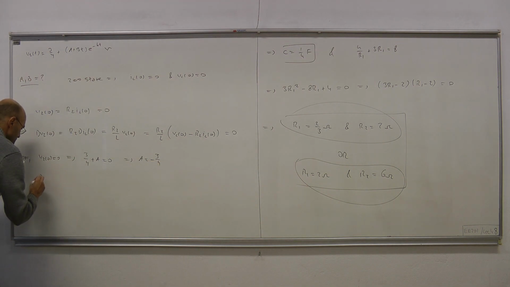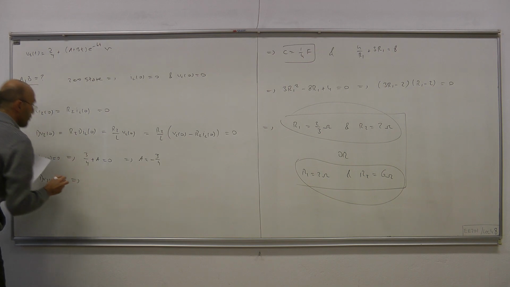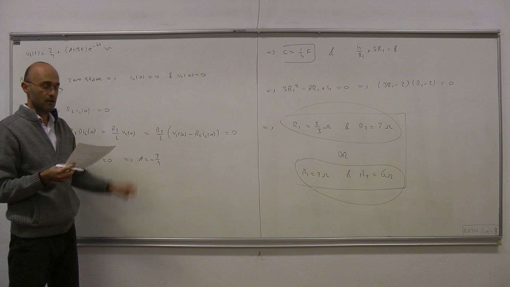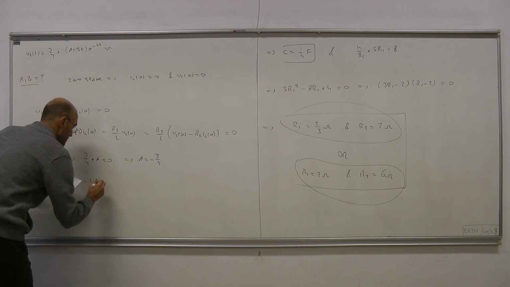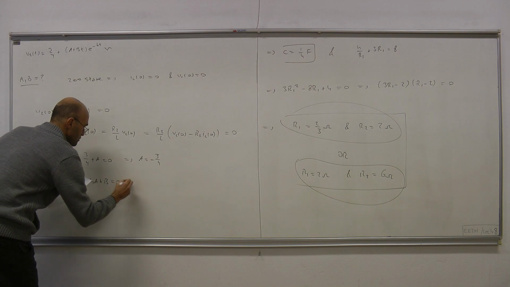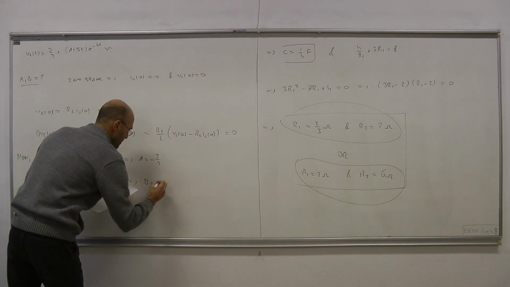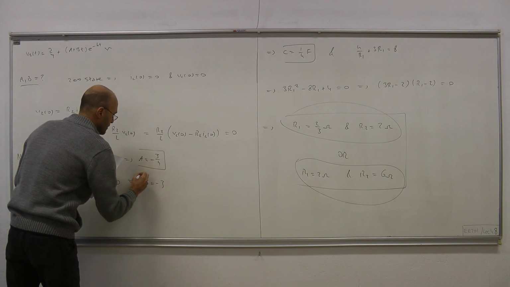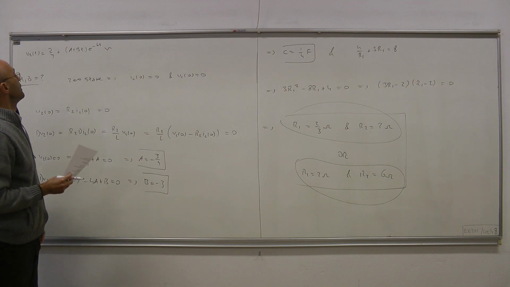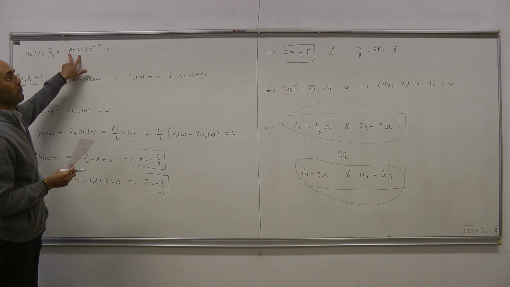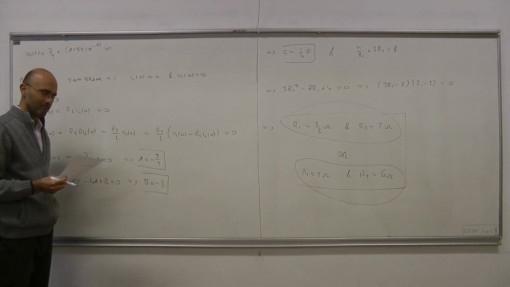And dV2(0) is also 0. Therefore, differentiate this and plug in t equals 0. In that case, we have minus 4A plus B equals 0. That means B has to be minus 3. Okay. So by using the initial condition constraints, we were able to compute these two unknowns, A and B, in the step response.